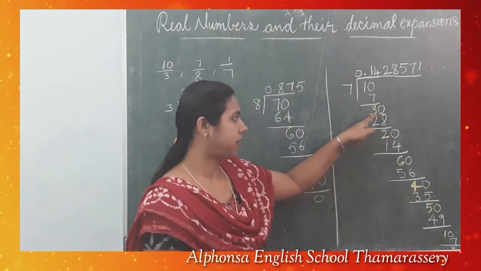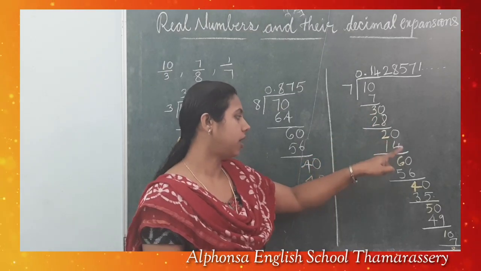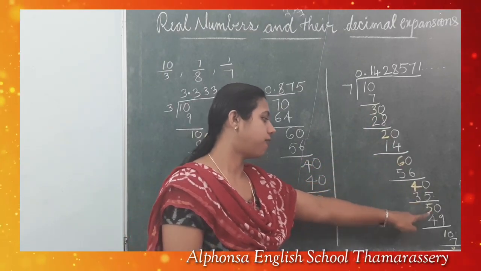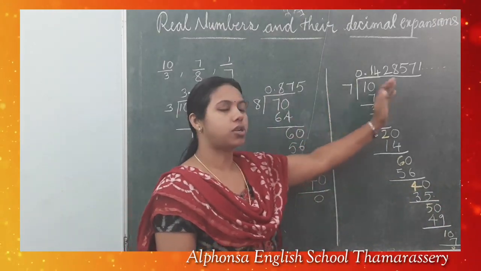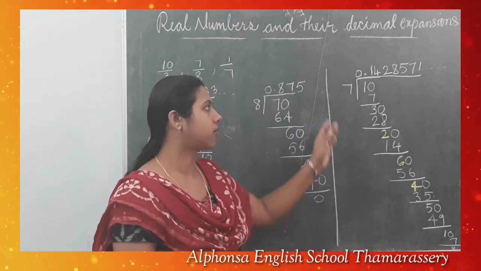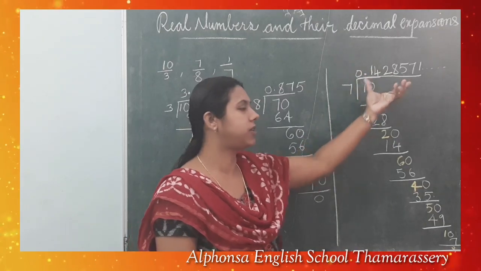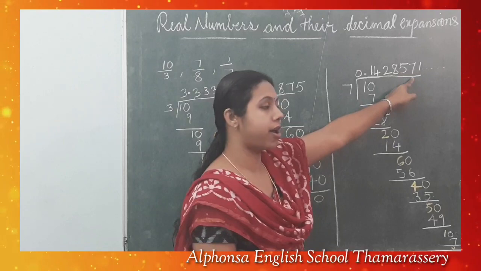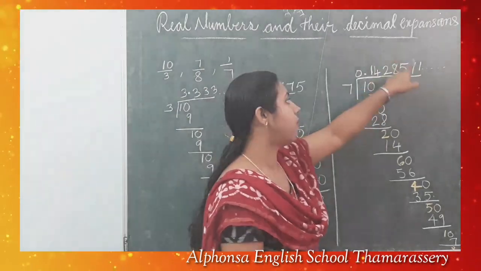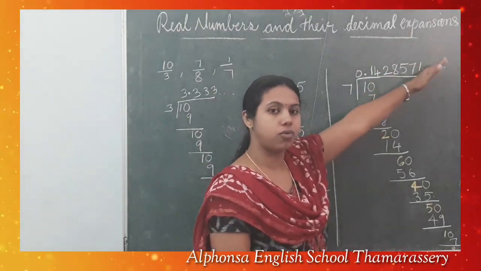You can see the remainder first 3, then 2, then 6, 4, 5, 1, etc. The quotient also repeats like that. Some block of digits is repeating. You can see that 1, 4, 2, 8, 5, 7. Again it's coming 1. Next 4, 2, like that it's going.